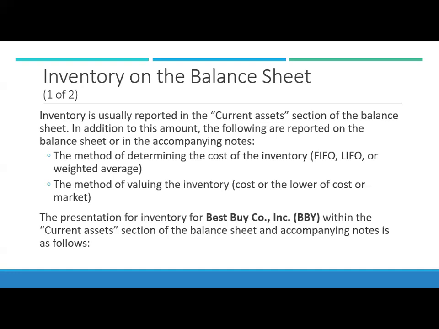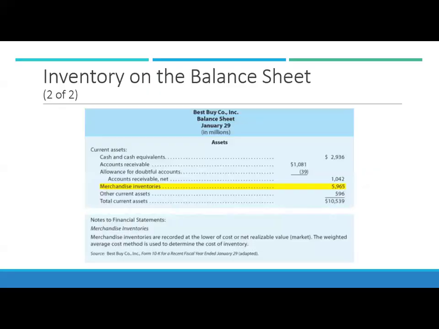And then also, did they use lower of cost or market? If there was a substantial write down under lower of cost or market, they're going to disclose how much that was. And so this is Best Buy's inventory footnote and current assets section on a somewhat recent 10K, which is an annual report.